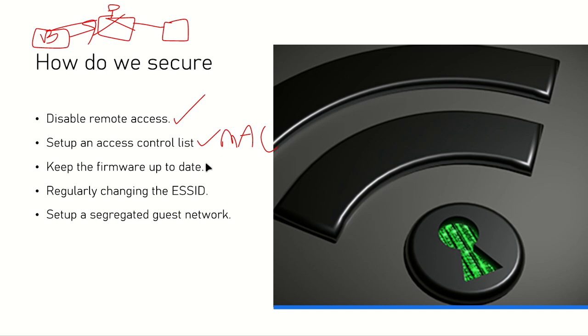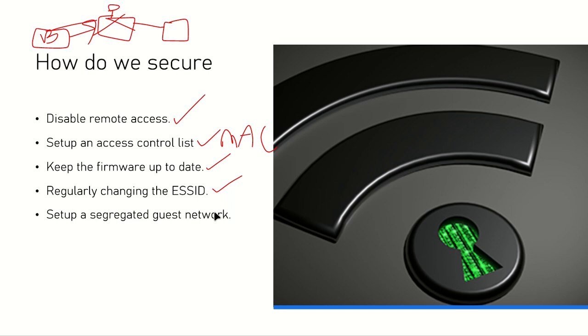Okay, another thing you can do is to keep your firmware up to date. The software that was used to build your Wi-Fi router, keep it up to date. It normally does this by default, but it's a thing to put into practice. Update this every now and again. Okay, regularly change your ESSID. What we mean by the ESSID is things such as the name of the network, your Wi-Fi name. It's something that you may want to regularly change as well.